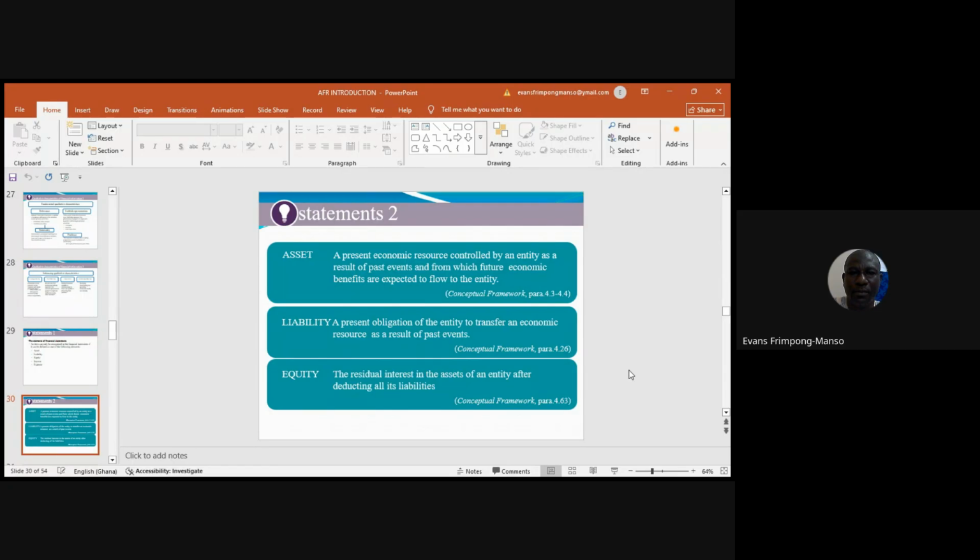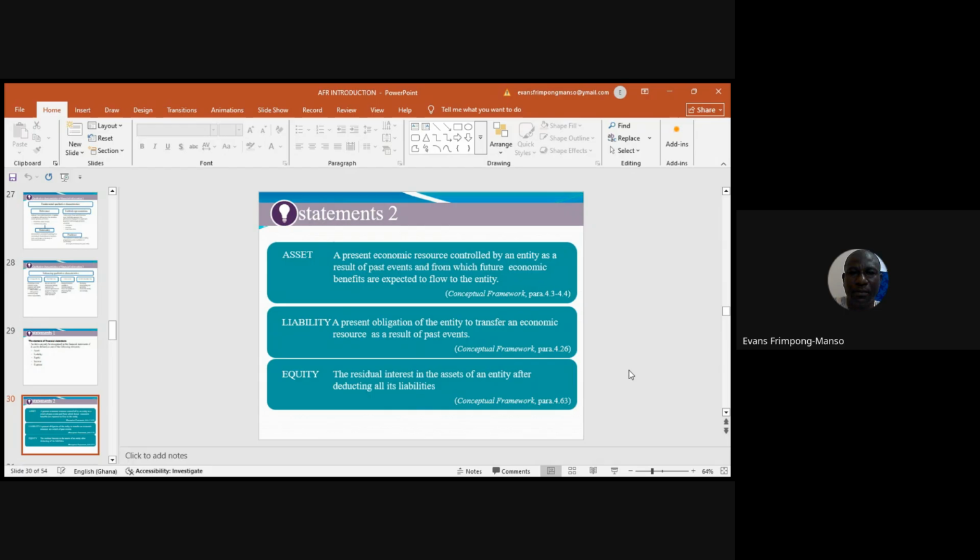What that tells you is that equity is the difference between your assets and your liability. That is why they use the term residual interest. Whatever is left, residual interest in the assets of an entity after deducting all its liabilities, that is what is termed as equity.